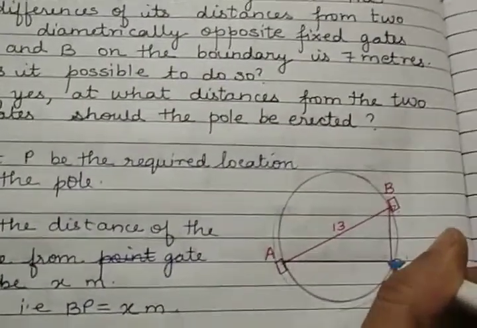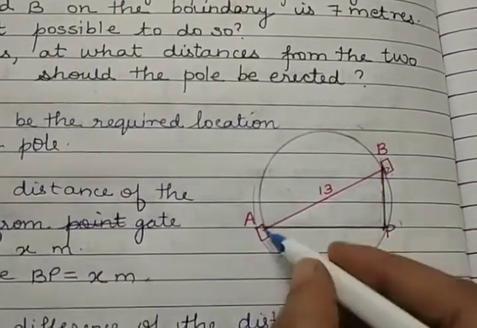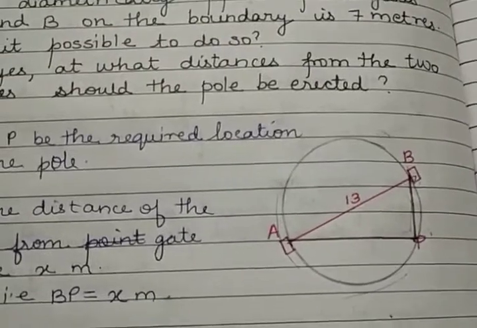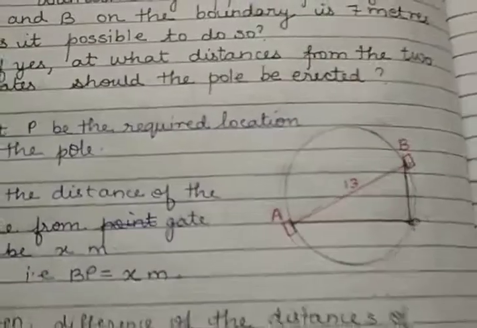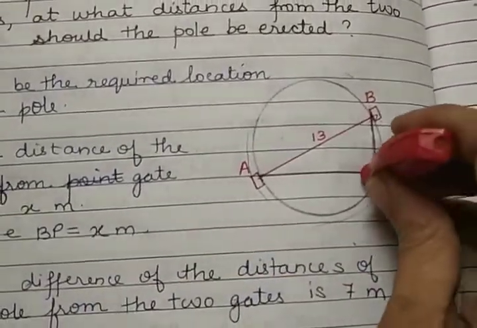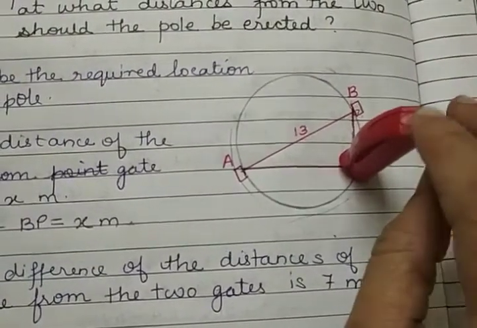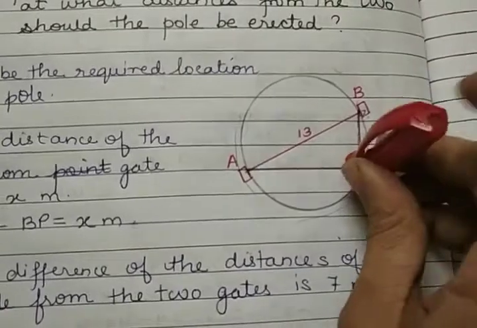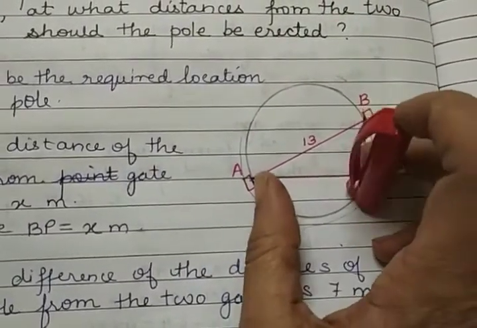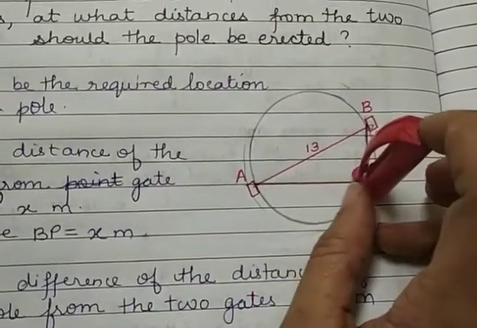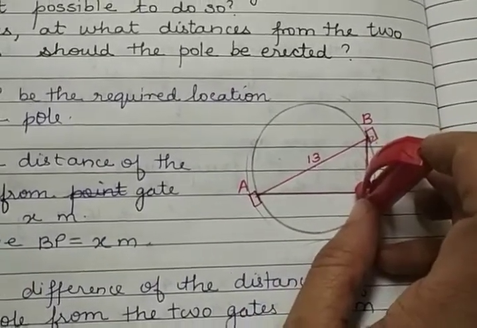Now this pole has to be erected in such a way that the distance of the pole from this gate and this gate, the difference is 7 meters. So the pole is erected in such a way. Suppose the pole has to be placed such that the difference of the distances of the pole from this point and this point is 7 meters.